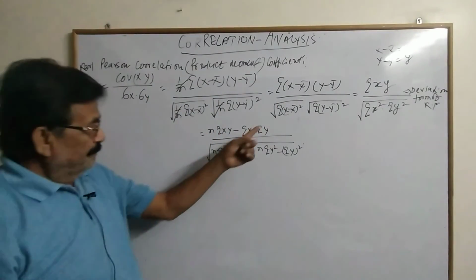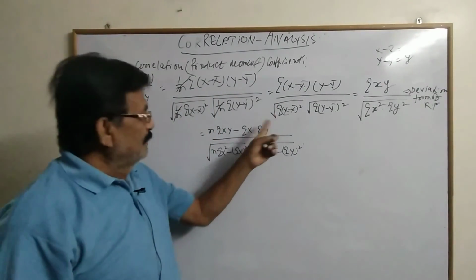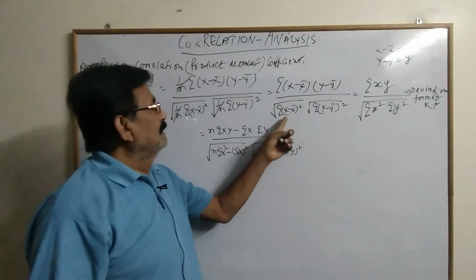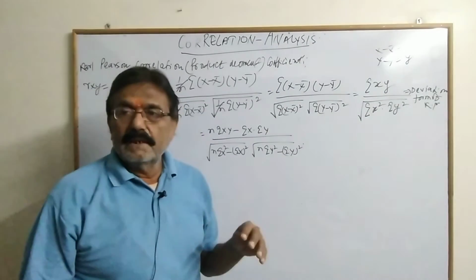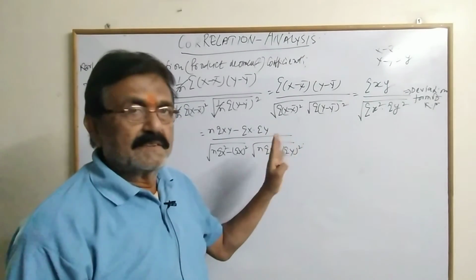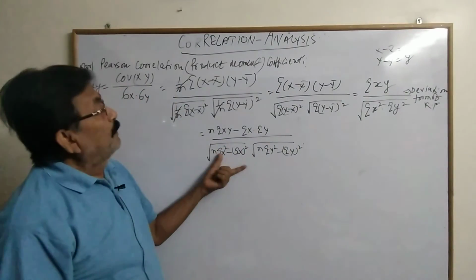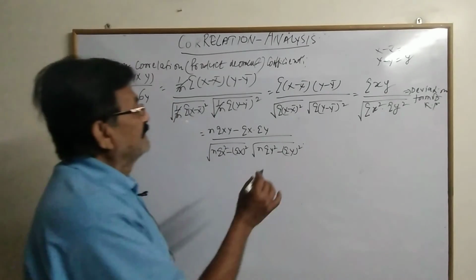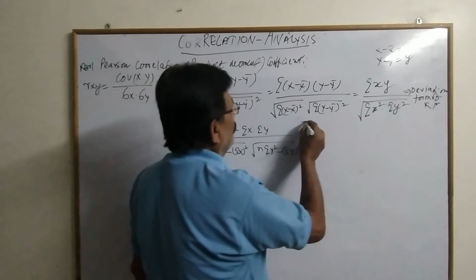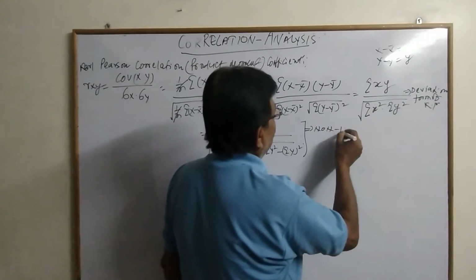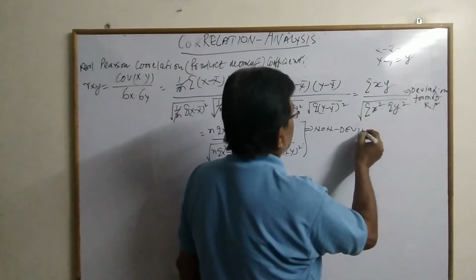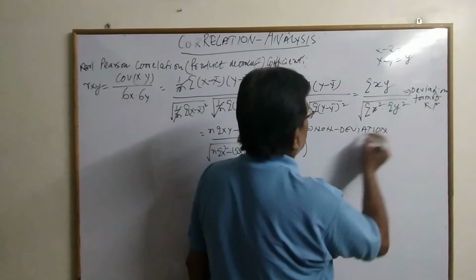Of course, there is some algebraic work in going from here to this point, which I am just bypassing in the class. This form of Karl Pearson is henceforth known as the non-deviation form.